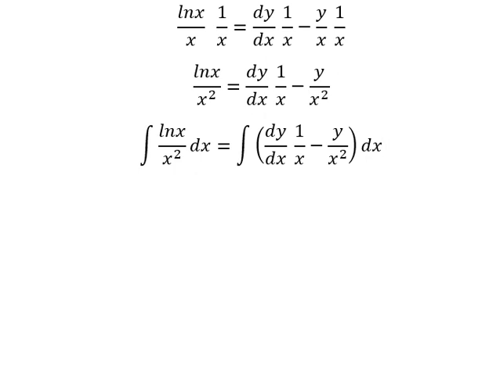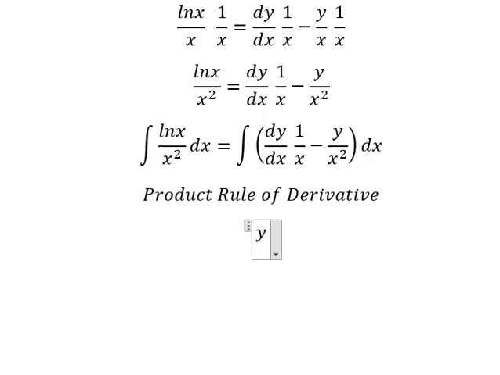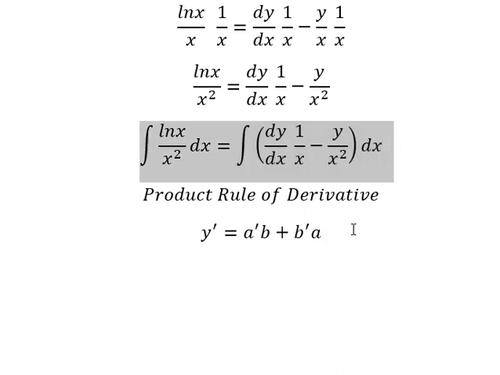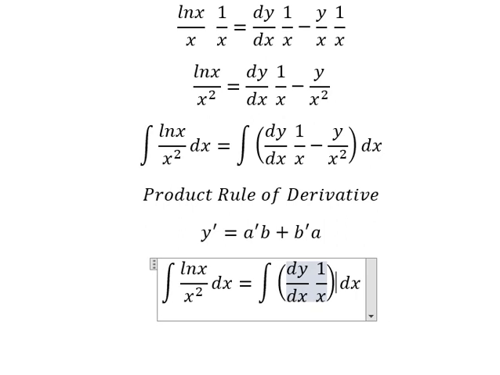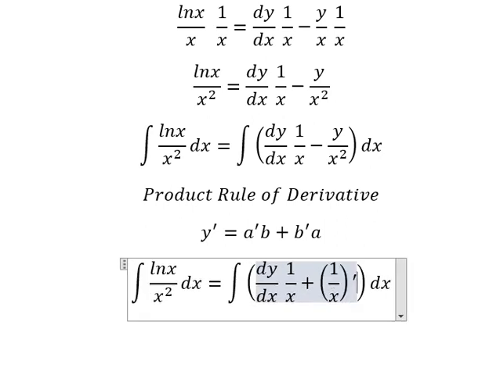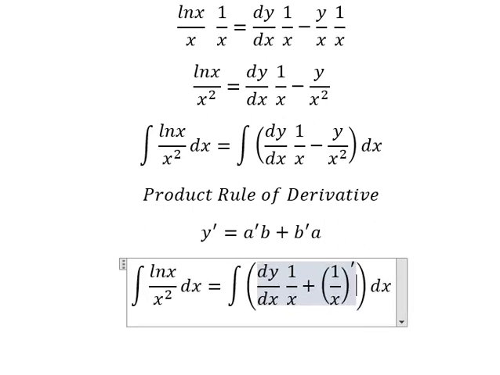Next, we need to use the product rule of the derivative. So we have the first derivative of y equals the first derivative of a multiplied by b, plus the first derivative of b multiplied by a.